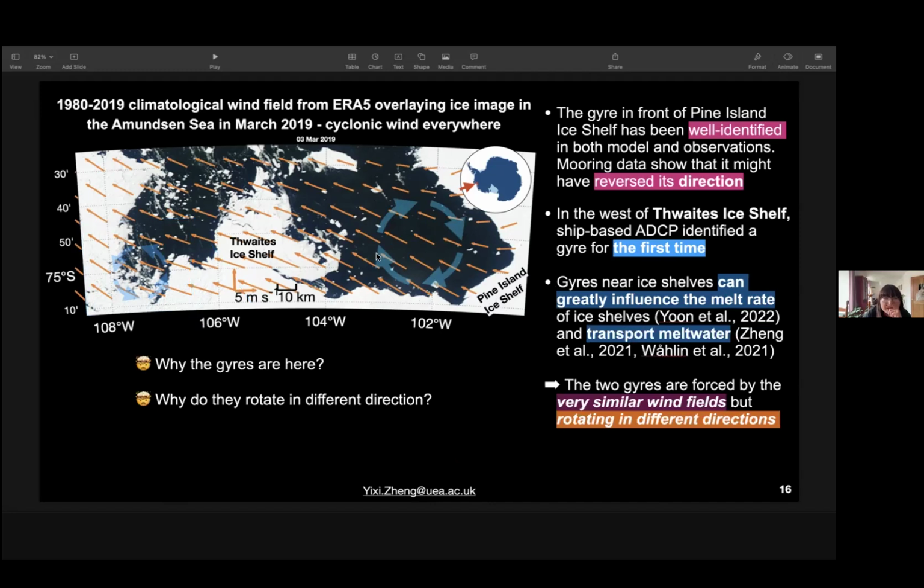And then back to the question again, why here, and why did it rotate in different directions?